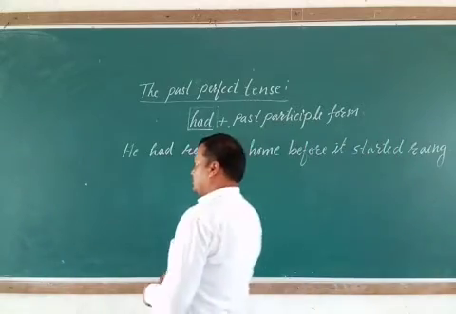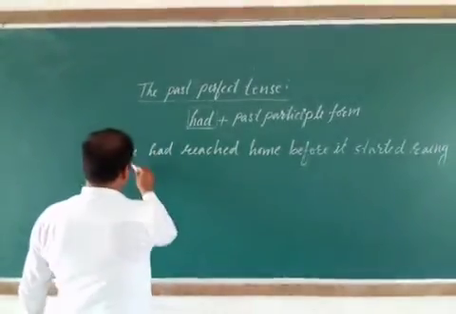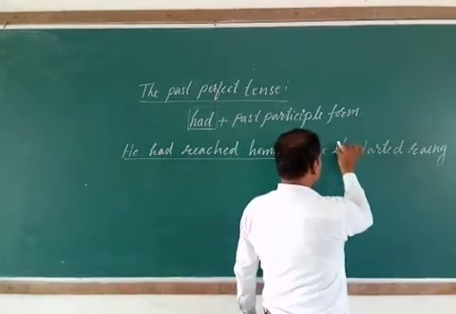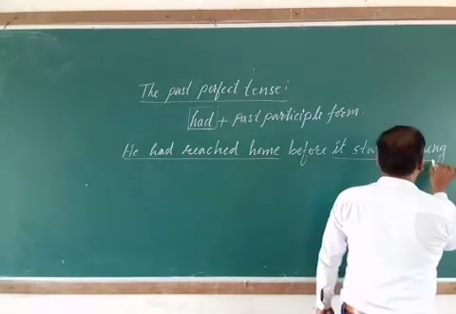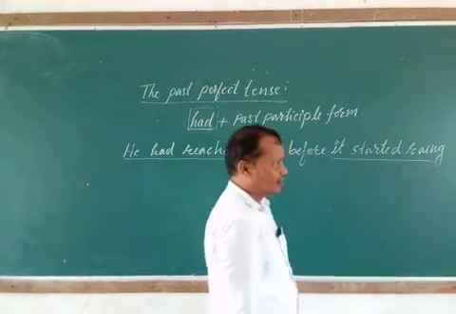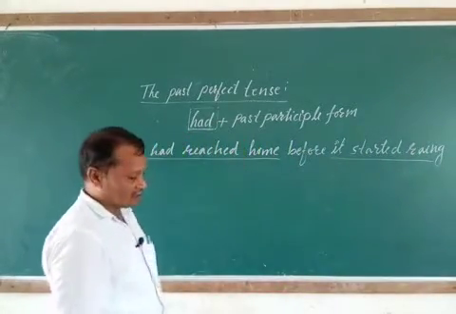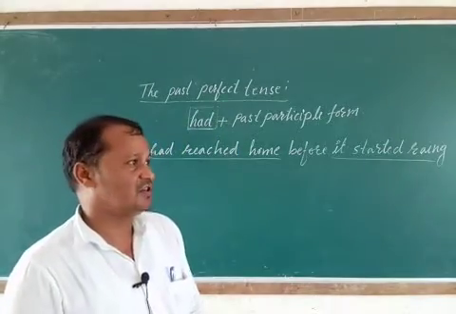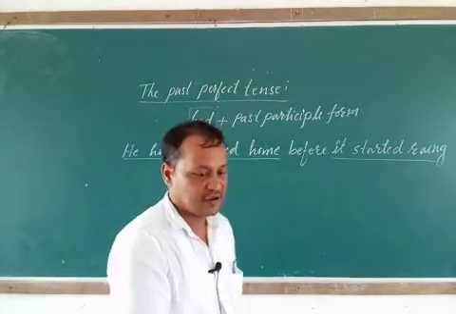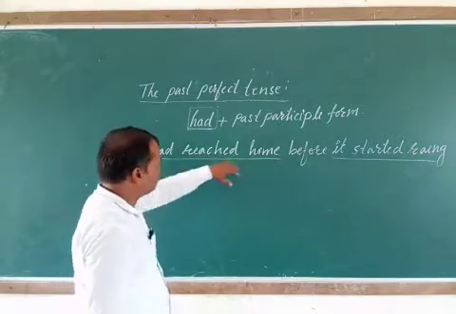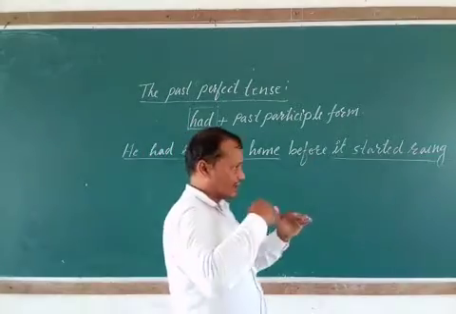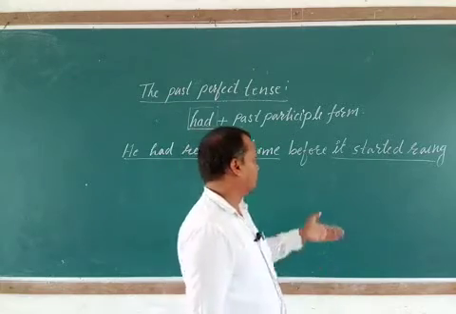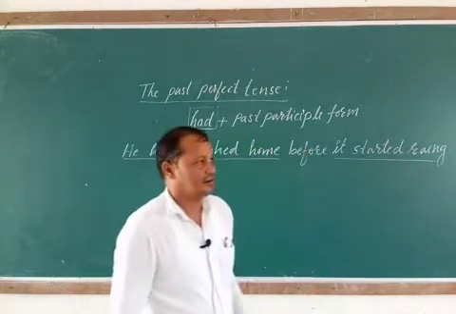So you can see here there are two actions. He had reached home, and the second action is it started raining. So which action has happened first? You have to notice which action has happened first. First he had reached home, and after that it started raining.